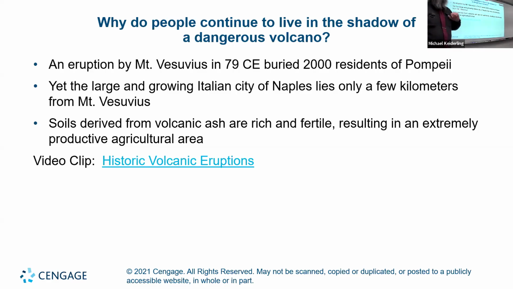There's a city there. Part of this is because soils derived from volcanic ash are rich and fertile. They result in extremely productive agricultural areas. Naples is famous for its tomatoes, and much of Southern Italian cuisine uses lots of tomatoes because tomatoes grow extremely well there in the volcanic soils.